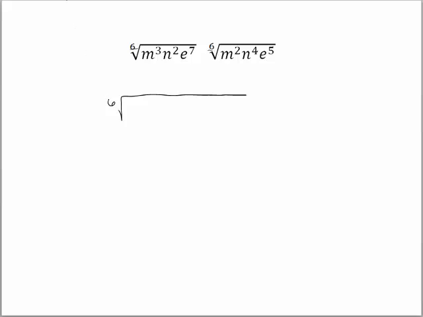Sixth root. We have m to the third. I'm going to pick up that, and I'm going to pick up this. M to the second. I'm going to pick up n to the second.